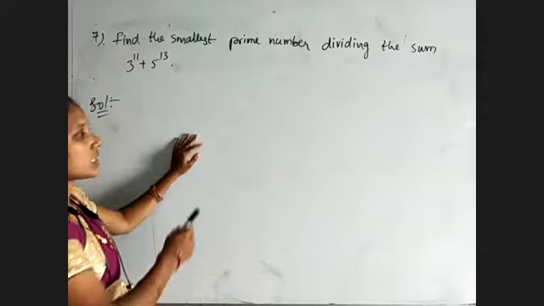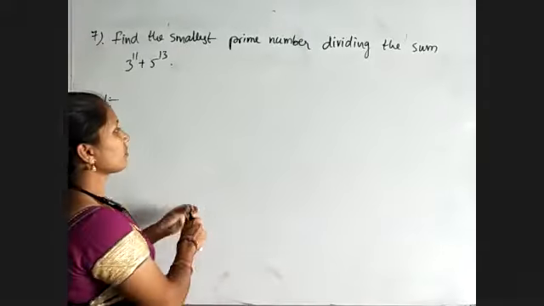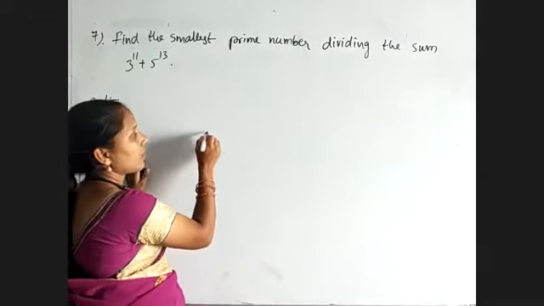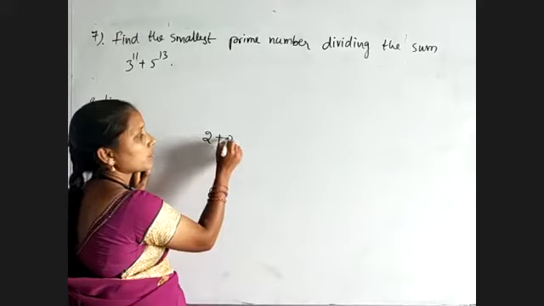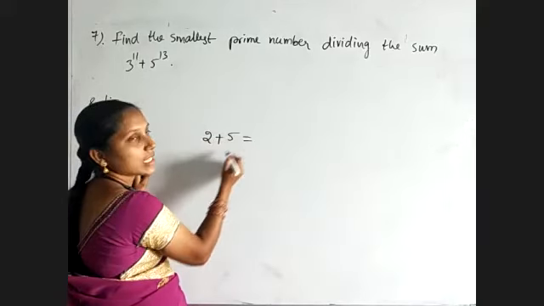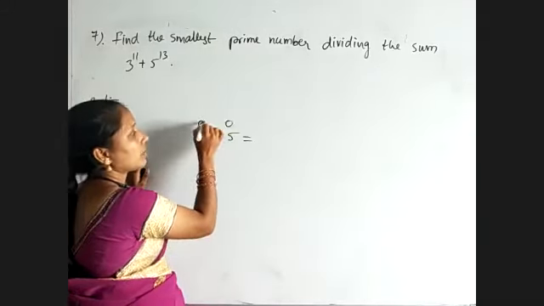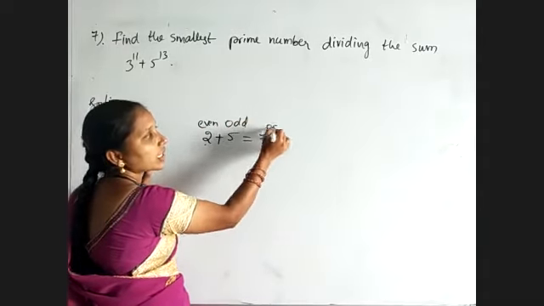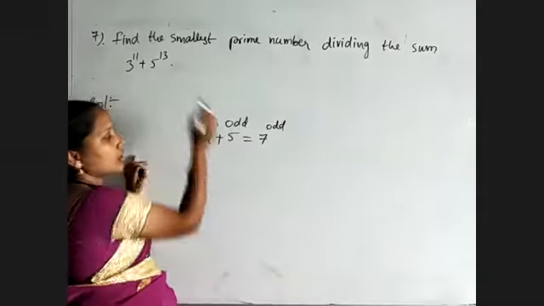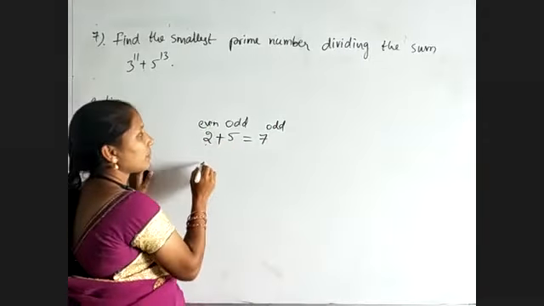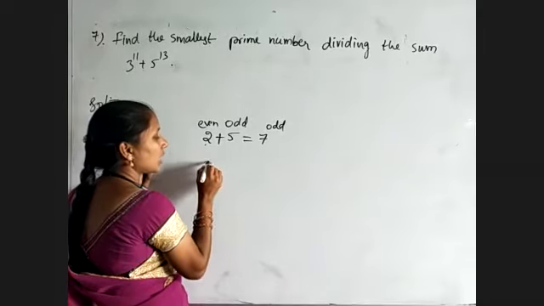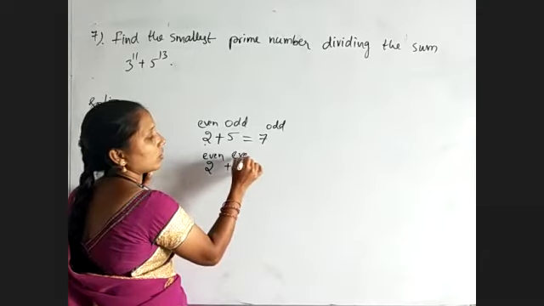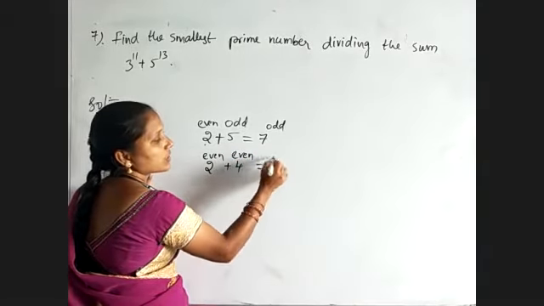So for that sake, just revise the properties of even numbers and odd numbers. If I am adding one even number and one odd number, 2 plus 5, I will get 7. So the result I am getting is odd, because I am checking the sum only. And if both are even numbers, 2 plus 4, then I will get 6, an even number.